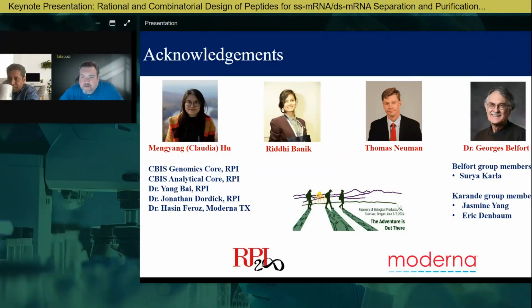Next one I see is, how stable are the peptides when conjugated to the membranes? Conjugated to the membranes, yes. Sure. So there are a couple of flavors here that we could discuss.